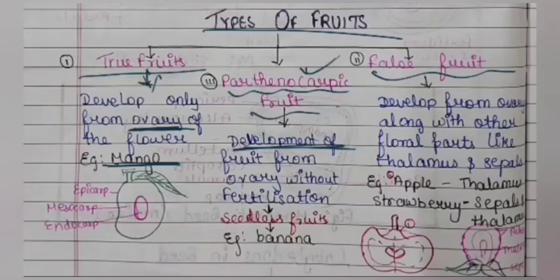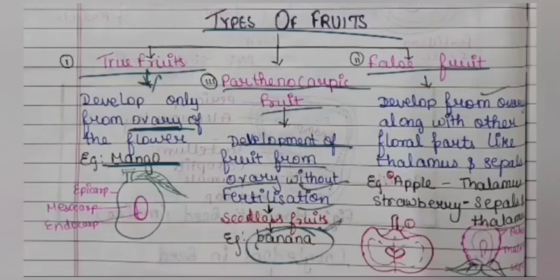These fruits are generally seedless, such as banana. Now coming to false fruit, it develops from the ovary along with other floral parts such as thalamus and sepals. In the case of apple, it grows from the thalamus, and in the case of strawberry, it grows from sepals and thalamus.